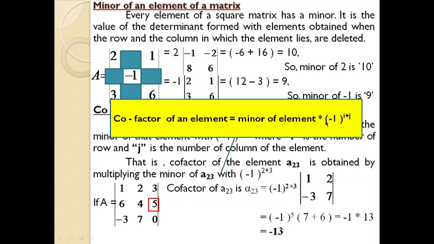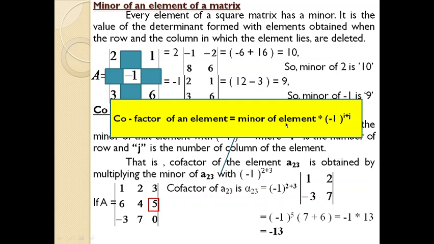The position may change, but the answer will be the same and the computation will be the same. So while dealing with a problem, you may see that this equation has been used in a different way, that is, minor of an element into minus 1 raised to i plus j.